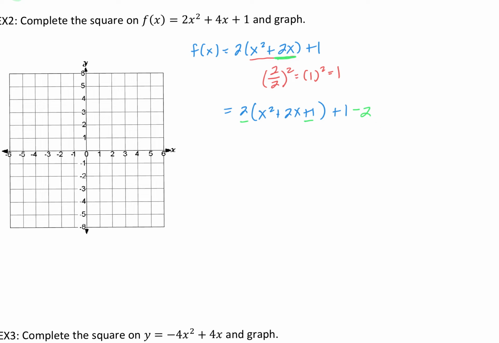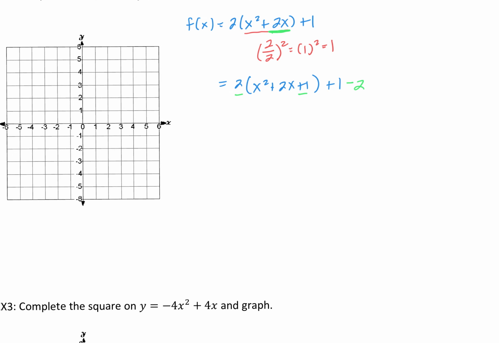so that I have not changed the value of my function. Let's put all of this together. This is going to be 2 times the x squared plus 2x plus 1, which becomes x plus 1 squared. And if you don't realize how it factors, look at what we factored out above. This was a 1 squared, a positive 1 squared. And then on the outside, I have plus 1 minus 2, which becomes a minus 1.